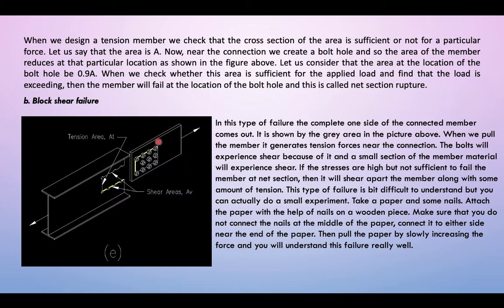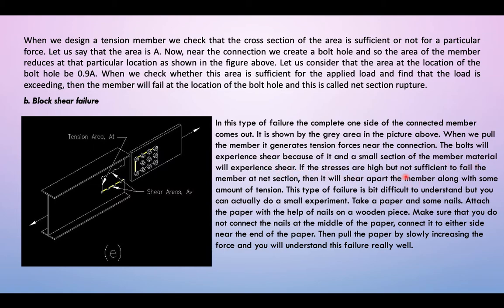Next one, block shear failure. In this type of failure, the complete one side of the connected member comes out, the gray area in the picture above. When we pull the member, it generates tensile forces near the connection. The bolts experience shear failure because a small section of member metal experiences shear.